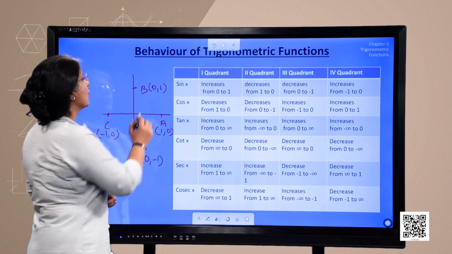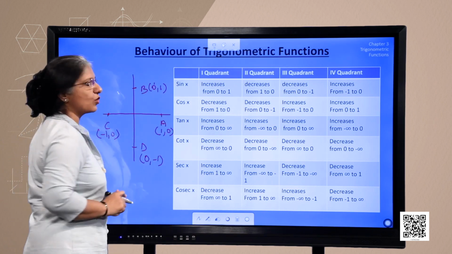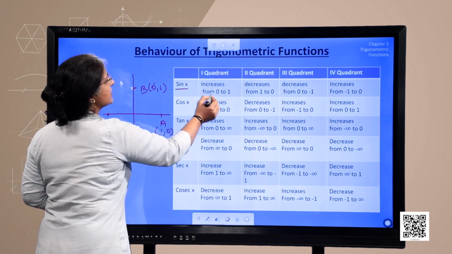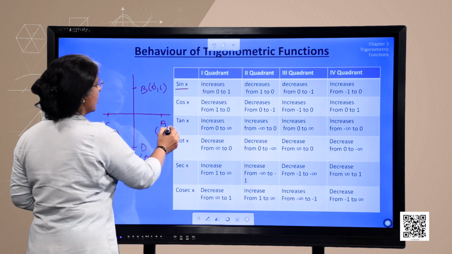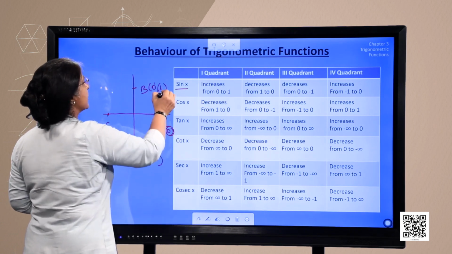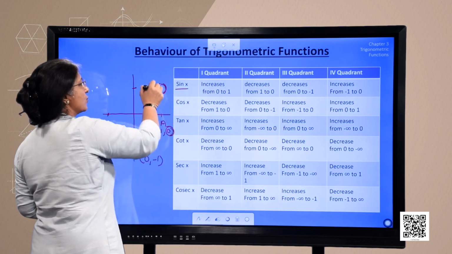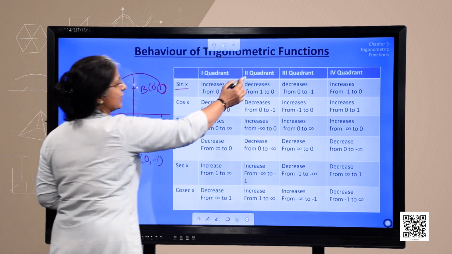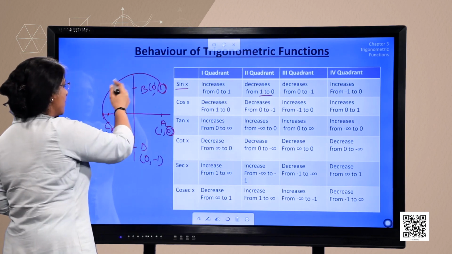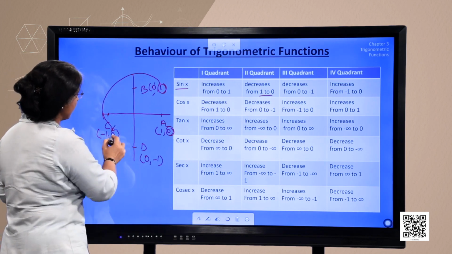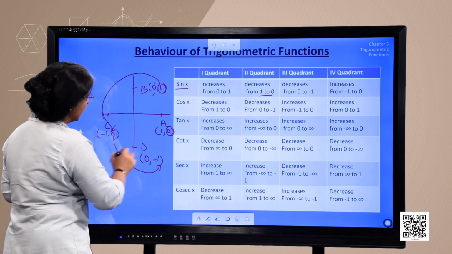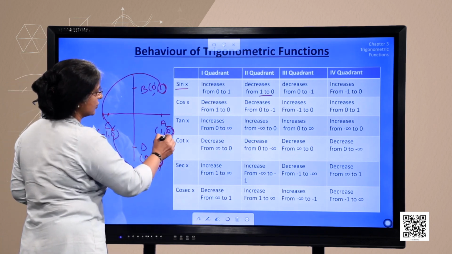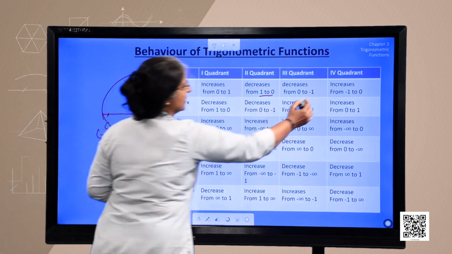As you already know, the first coordinate represents cos and the second coordinate represents sine. Now, see, sine increases from 0 to 1 in the first quadrant, because sine was 0 here and here it is 1. In the second quadrant, it is decreasing from 1 to 0. In the third quadrant, from 0 to minus 1, it is further decreasing, and in the fourth quadrant, from minus 1 to 0, it is again increasing.